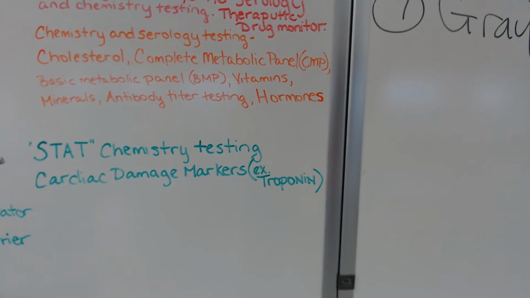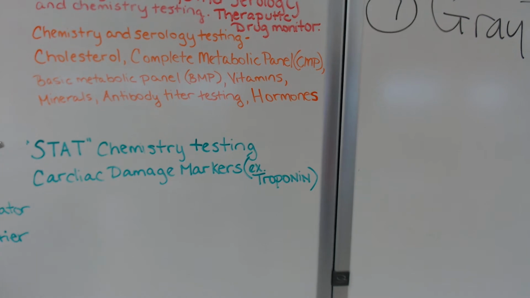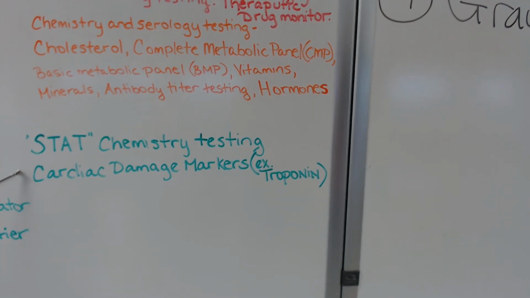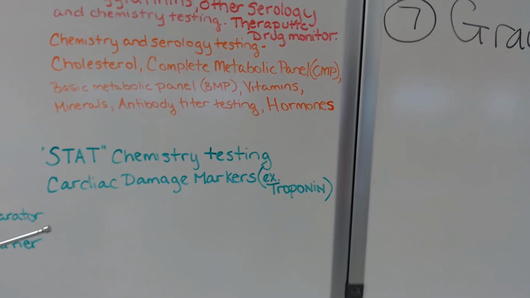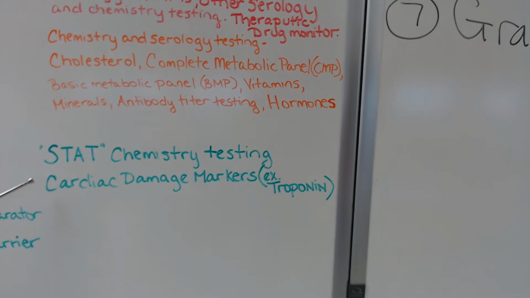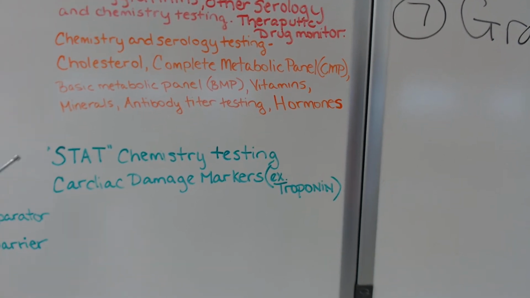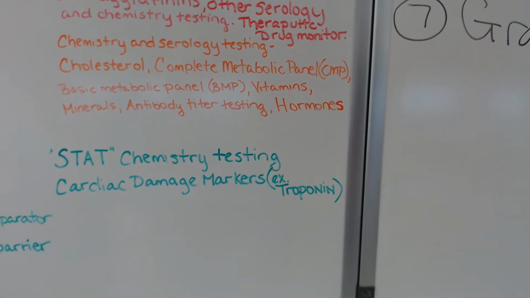So stat electrolytes or stat CMP that we talked about a couple minutes ago, all of those would go into there. And then we also look for cardiac damage markers. An example of that is troponin. Those are run if we think someone may be having a heart attack. So obviously that would still fall under stat testing because we want to get that done quickly.